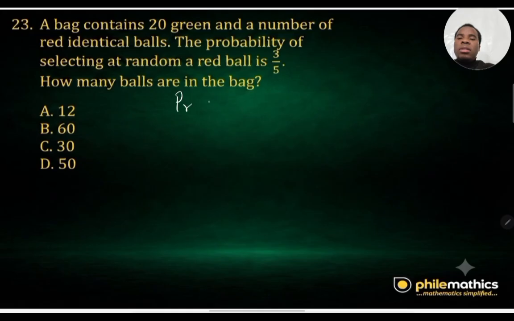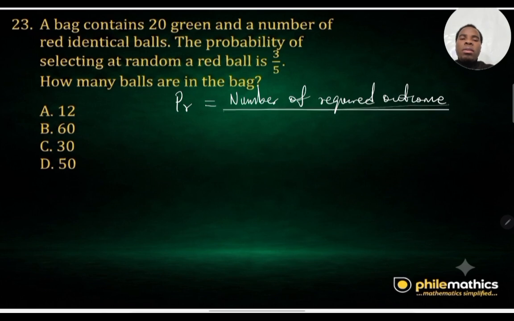So probability is simply number of required outcome over number of possible outcome.